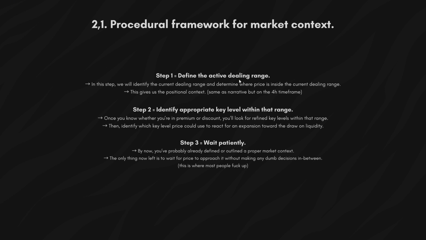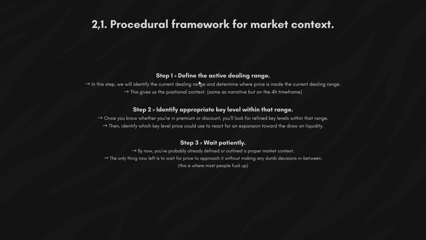It can't be a bullish dealing range because your directional bias is bearish. Similarly, if your directional bias is bullish, then you would have to find a bullish dealing range. Okay, so it can't be just a random one. It must be aligned with the higher time frame directional bias.